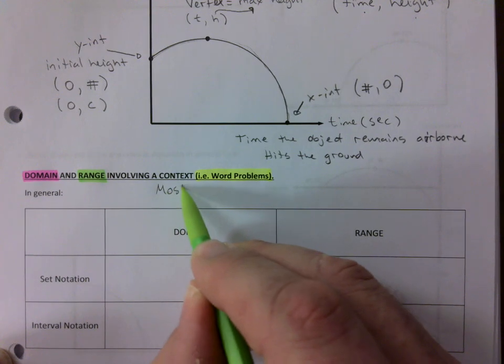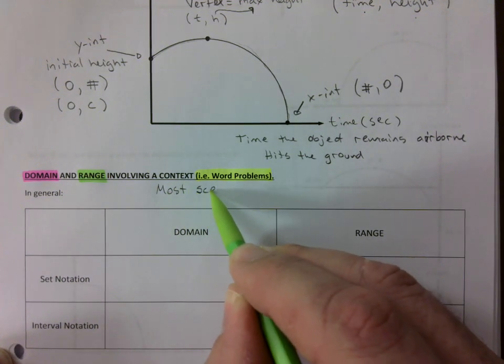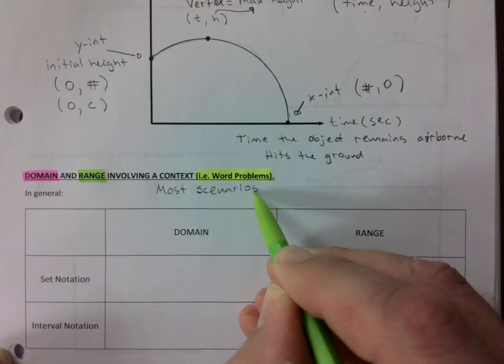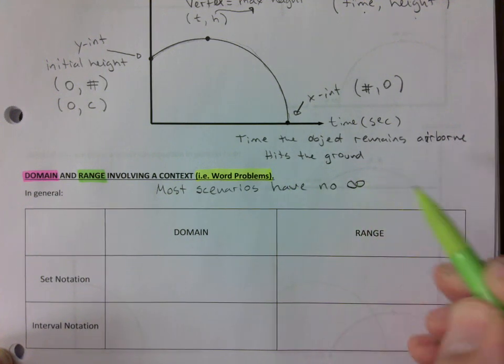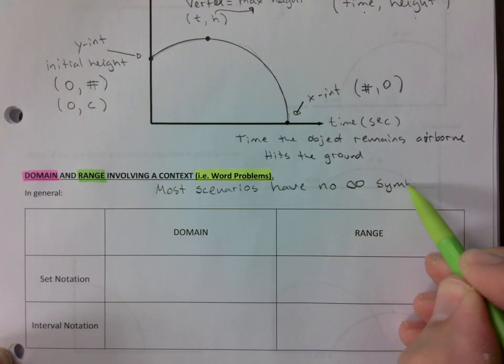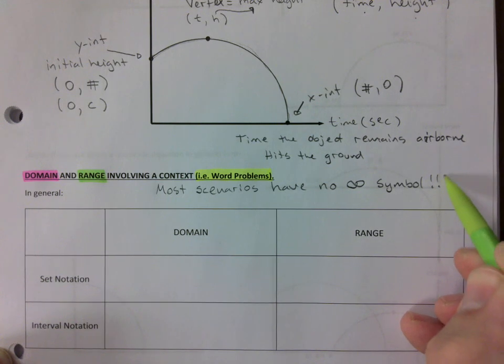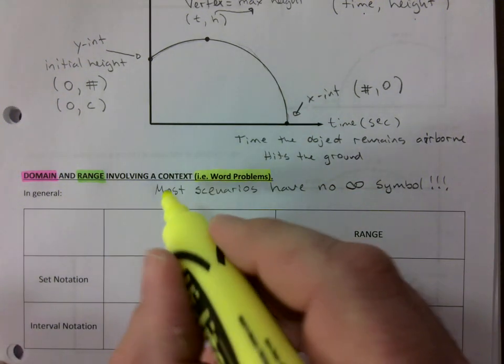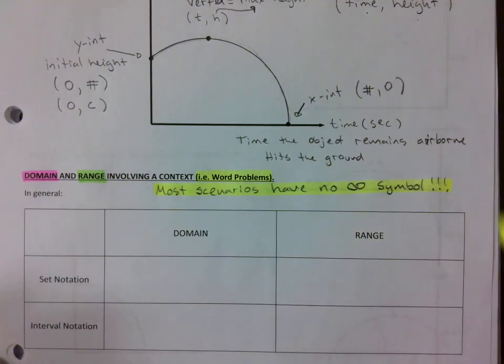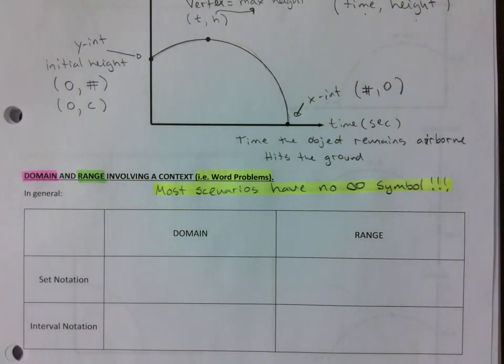Most questions, most scenarios have no infinity symbol. Okay? A bunch of exclamation marks there. I will highlight that as well because students love their infinity symbols, because I told you at the beginning, okay?